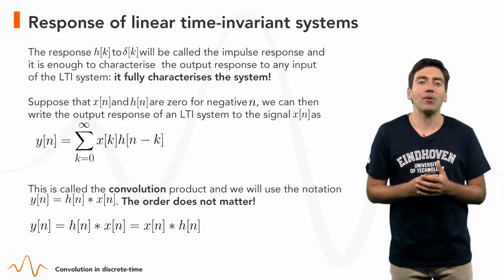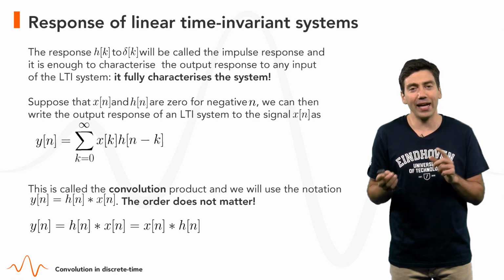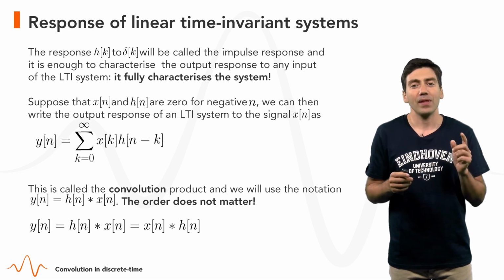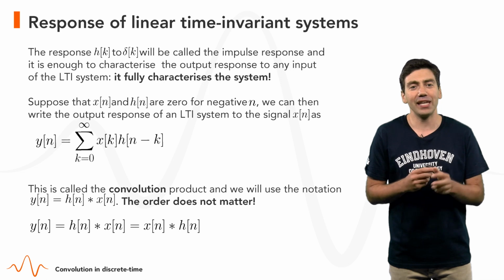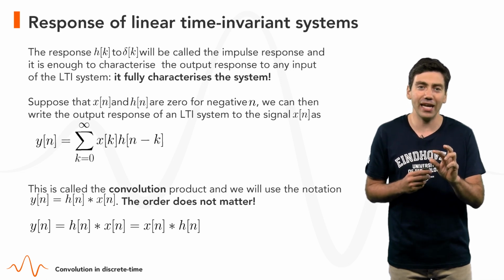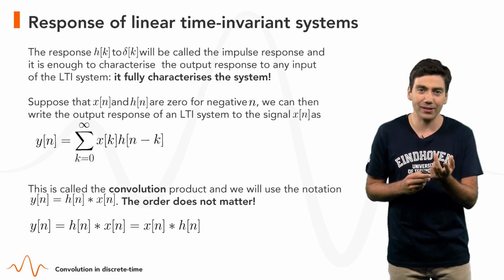You do not have to memorize the order x of h, because as we will see, one of the properties of a convolution is that we can exchange: the convolution between x and h is the same as the convolution between h and x.